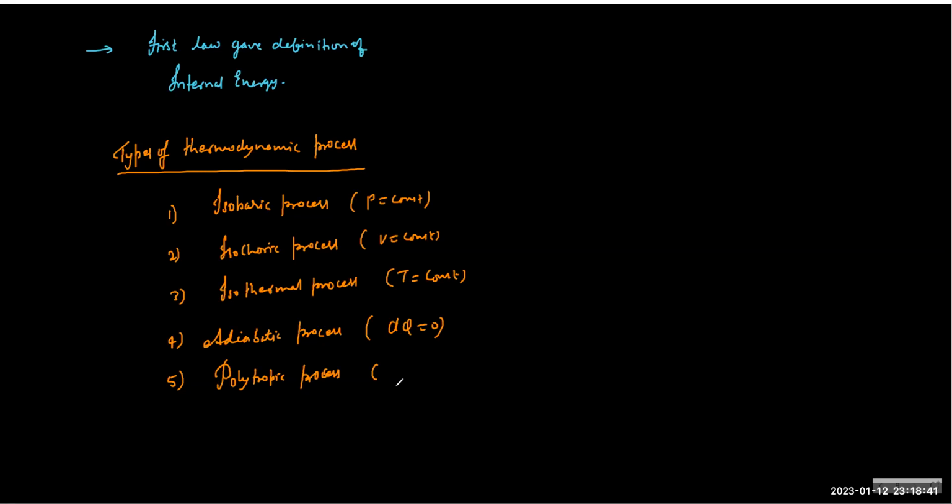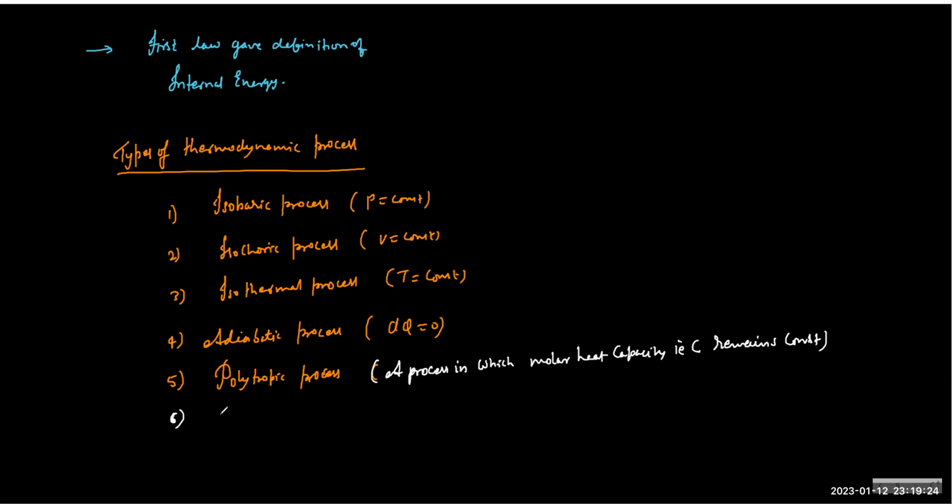A process in which the molar heat capacity remains constant is called polytropic. So not all processes are polytropic.